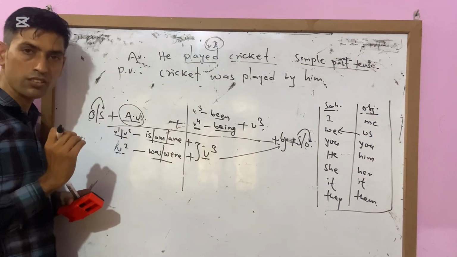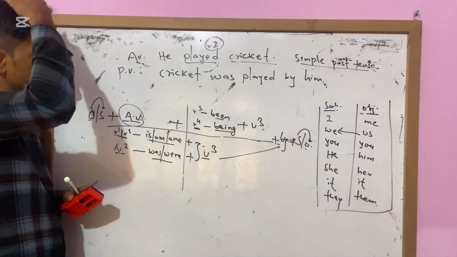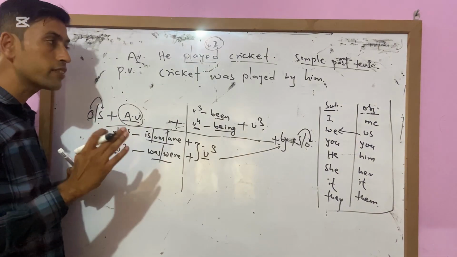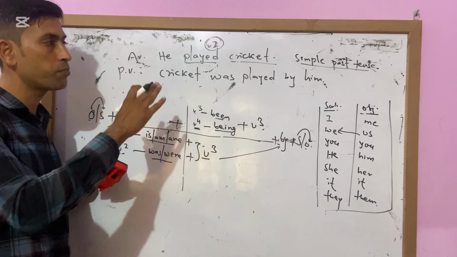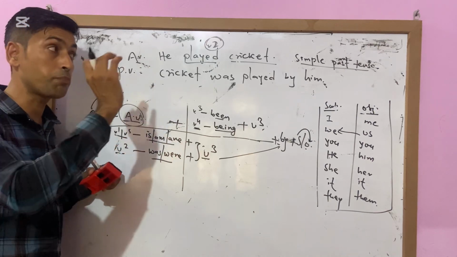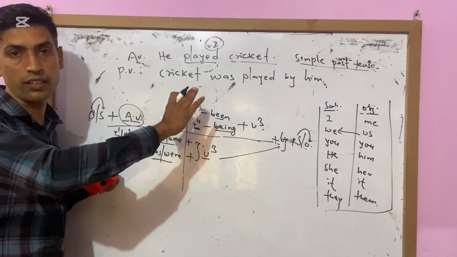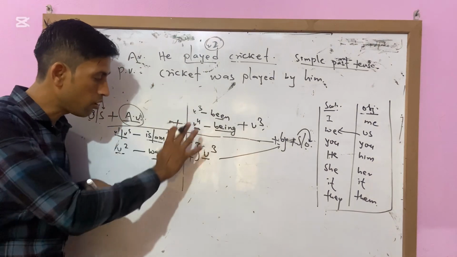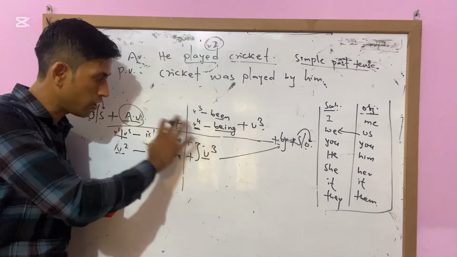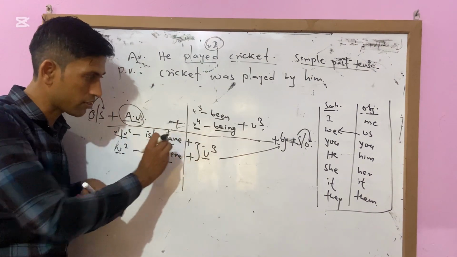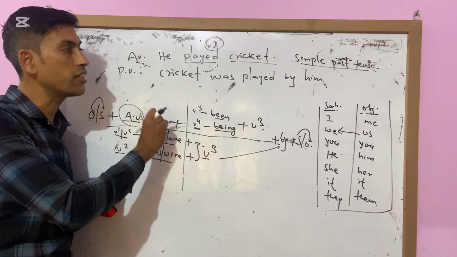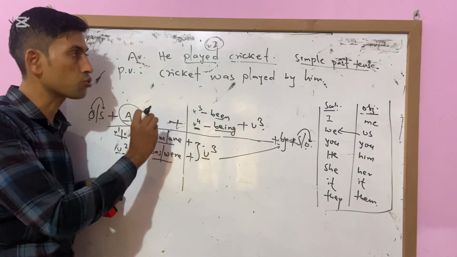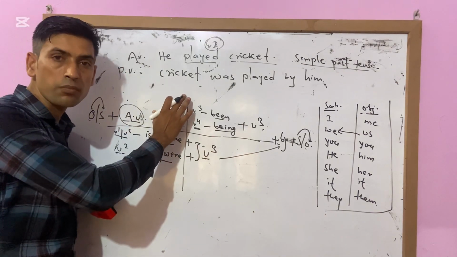I will teach you simple present tense and present continuous tense separately. The structure is also separate, but if you memorize these overall structures, it is important to solve all the patterns of the tenses.